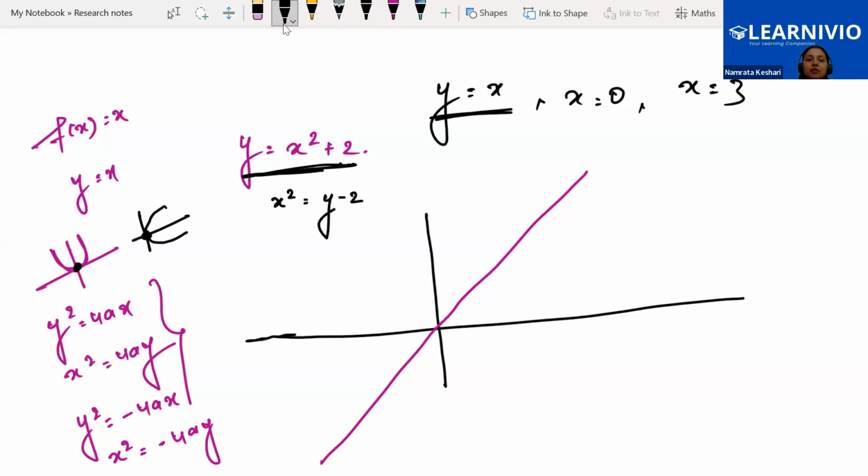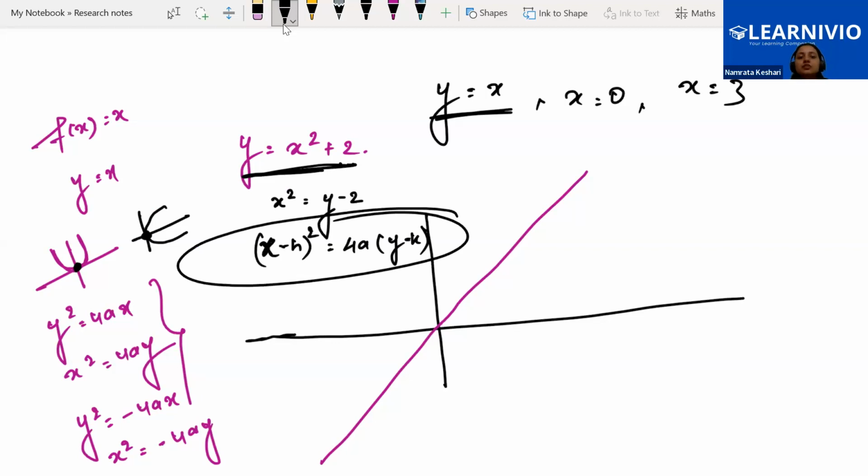Again, the standard form of the shifted vertex parabola equation is x minus h whole square is equals to 4a into y minus k, where h and k is the vertex of the parabola. Shifted vertex. If the vertex is not 0 0, then equation of parabola will look like this. Can you say it, Murtaza?